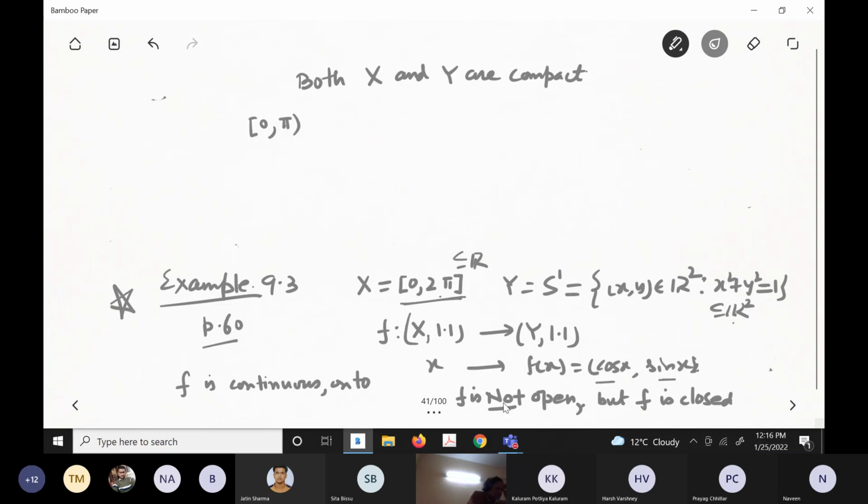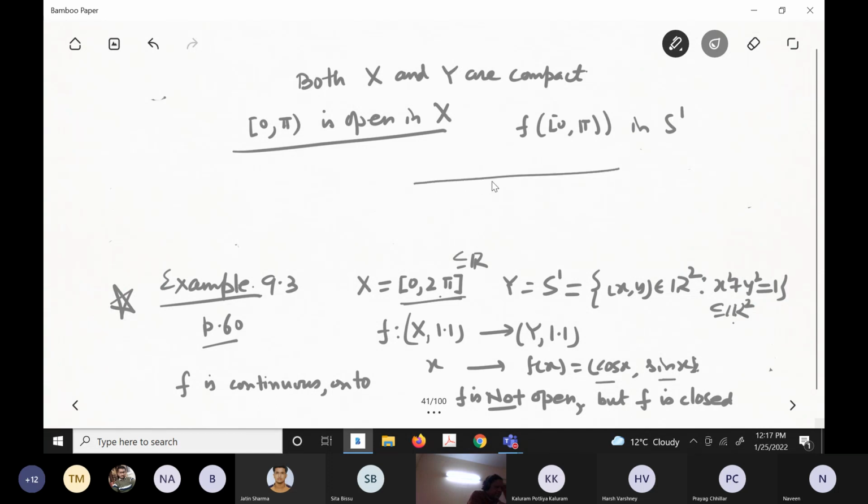Since it is a negative answer, look, this is open in X. But what will be the image of this in S1? Look here, this is 0, 1, minus 1, plus 1. So it will take this one. But this is open, so it will only take this one.